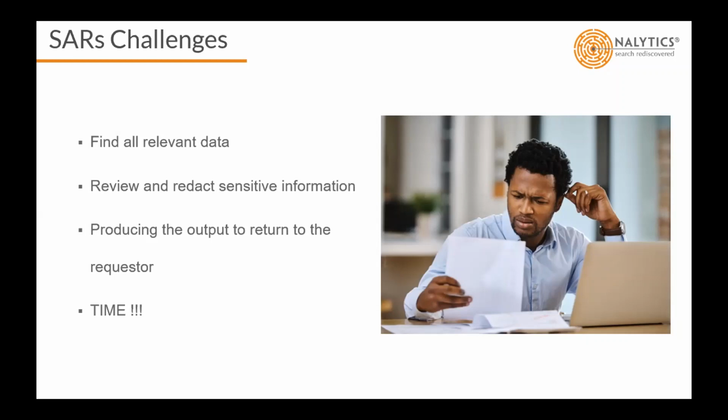It's a task of sifting through all the documents and data that you've got to find what's relevant. Once you've found the filtered set of results and documents, you then need to review each one of them to see what's relevant in terms of the subject access request, what can be returned, and what may need to be redacted.